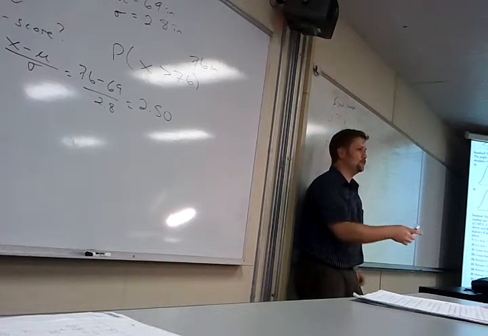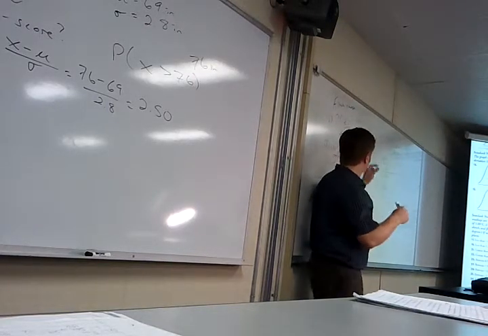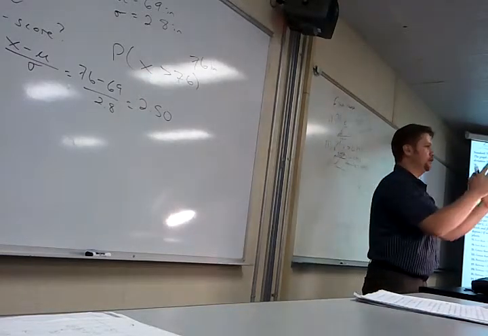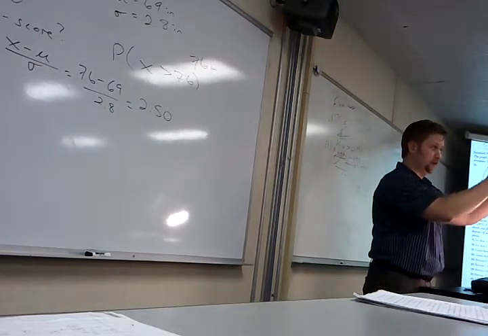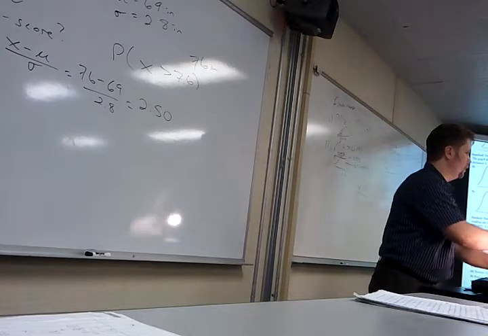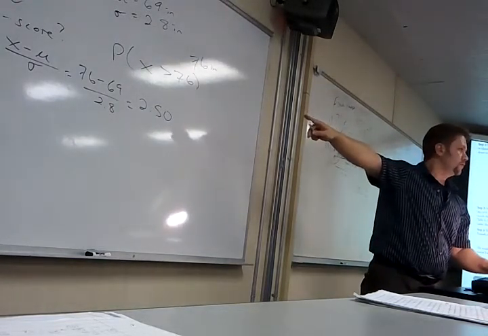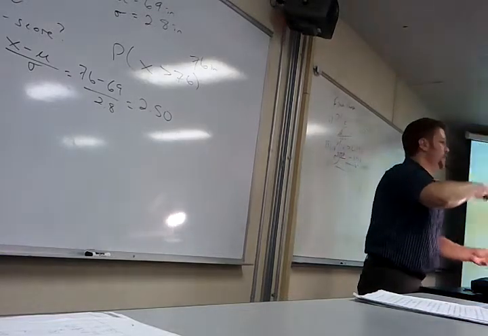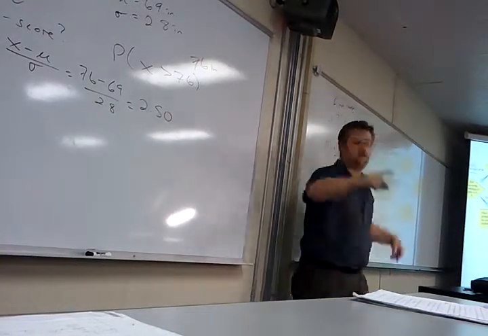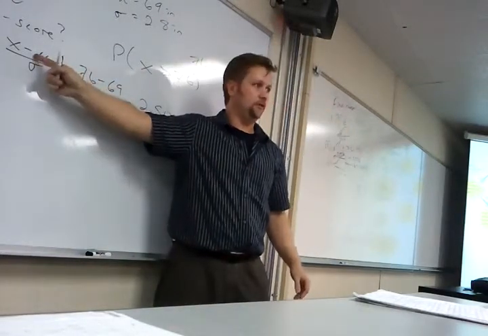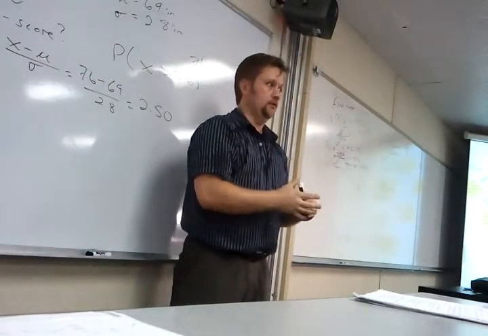So those are really z-scores they're giving you. So in section 6.2, it's problems like this. All you got to do is look it up and then subtract or add depending on what you have to do to get the area you want. That's 6.2. 6.3 is actually more like the one we did first. 6.3 just adds one extra step. It doesn't give you z-scores. It gives you heights or SAT scores. You've got to convert them to z-scores and then look them up.